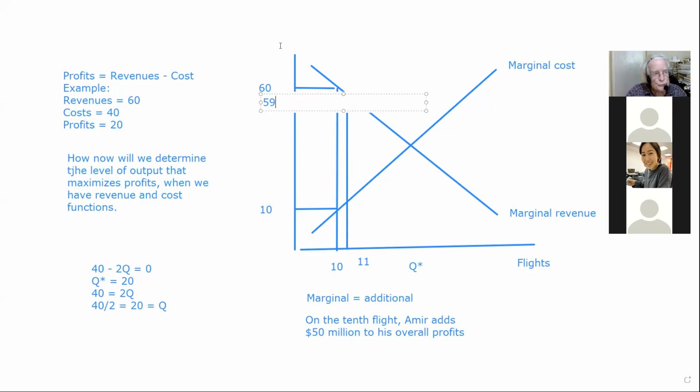And cost of that flight is 11. So on the 11th flight, how much money is Amir adding to his profits earned only on that flight?